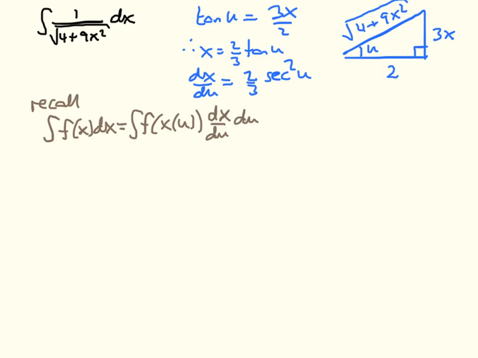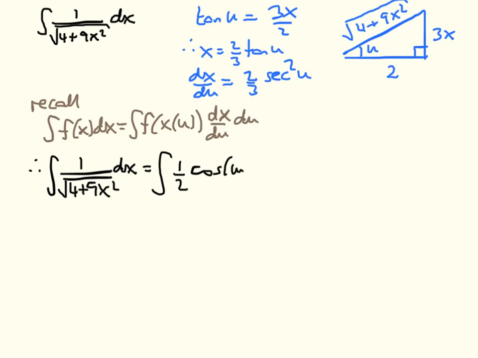So our integral here that we're trying to calculate, the integral of 1 over the square root of 4 plus 9x squared, integrated with respect to x, is going to be, well, if we look at our triangle, 2 over the square root is the cosine of u, so I can write 1 over the square root as a half times the cosine of u.